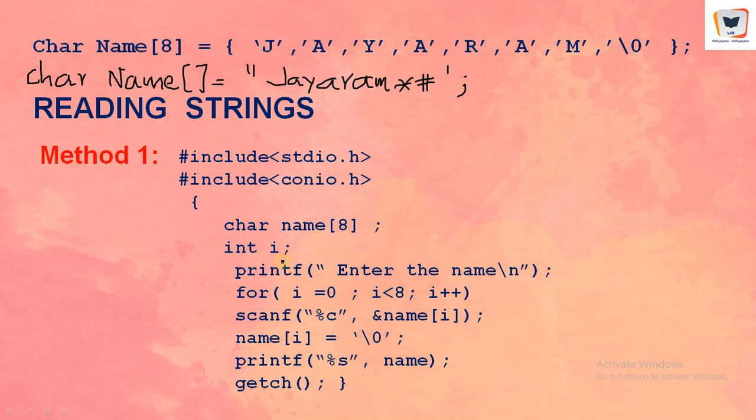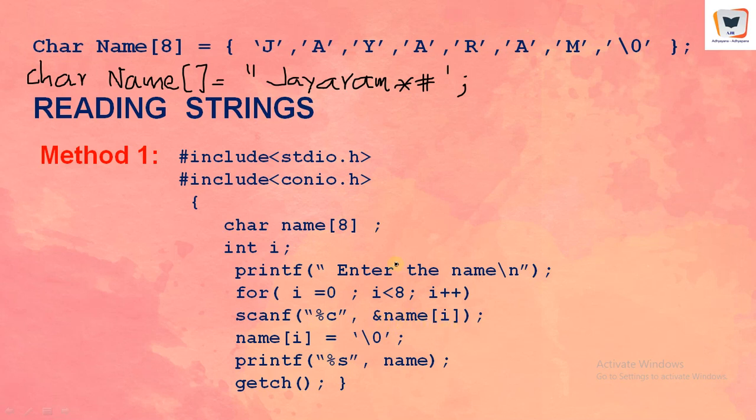char name[8], int i. printf("Enter the name"). Okay, and there is a for loop, and we will read this name character by character. i = 0, i < 8, i++, scanf("%c", &name[i]).